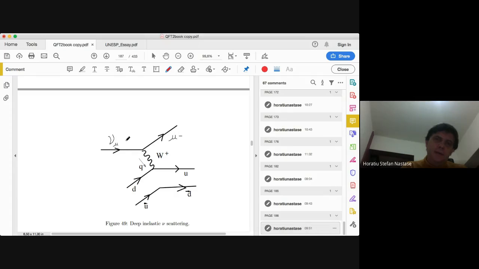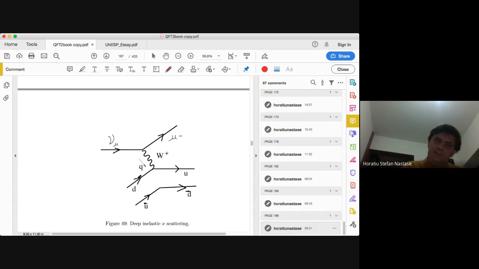So it's more useful to use the muon neutrino, which is heavier, and then it will emit a W plus, and the muon neutrino transforms into the muon. So this also conserves electric charge, since initial electric charge is 0, final electric charge is -1 plus 1, that's 0.